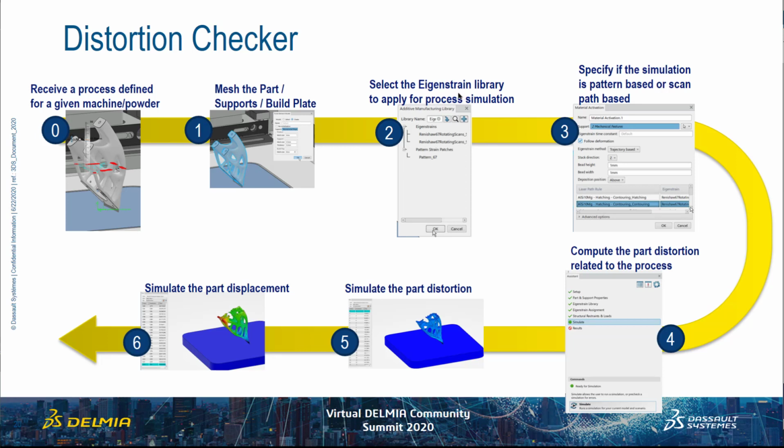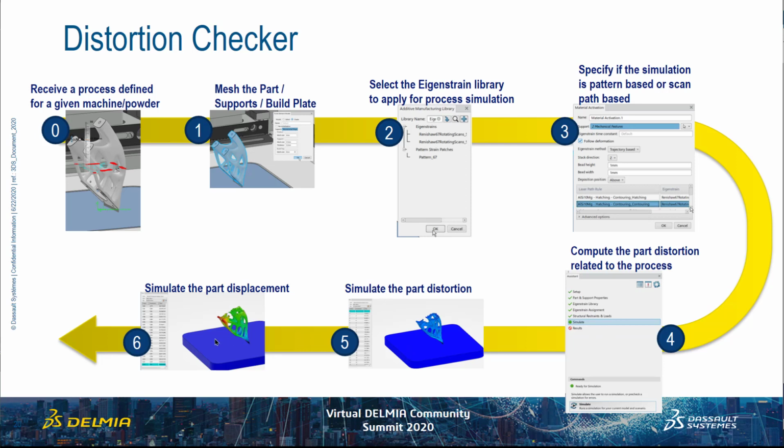This eigenstrain library is a predefined set of rules coming from the simulation analyst that is bundled into a sort of black box. The engineer developing this process would simply consume this eigenstrain library and generate the simulation pattern based on the scan path that's coming from DELMIA, and then simulate the buildup.